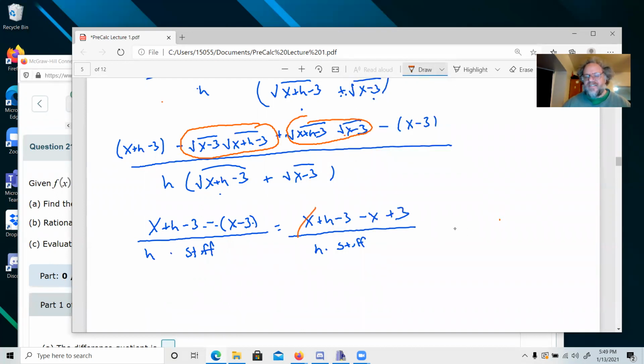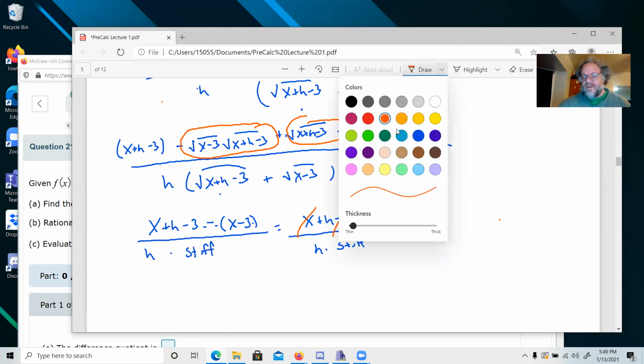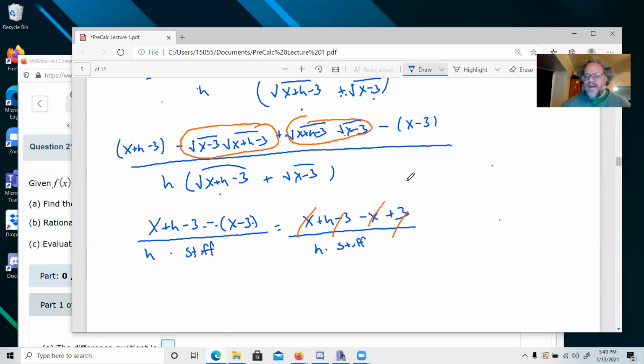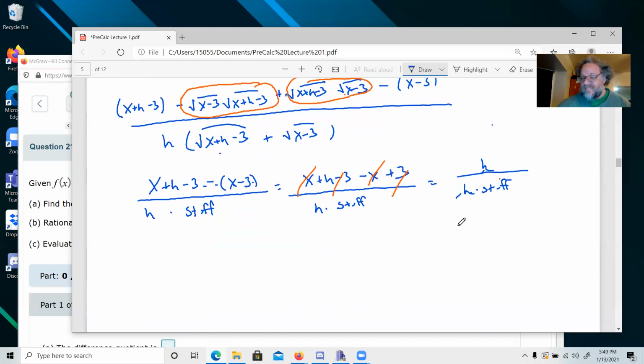We have x minus x, and we have a minus 3 and a plus 3. Let's go back to blue here. So we have h over h times some stuff. These h's now cancel, don't they? We've done our job. We have canceled this bottom h. That was the whole goal.